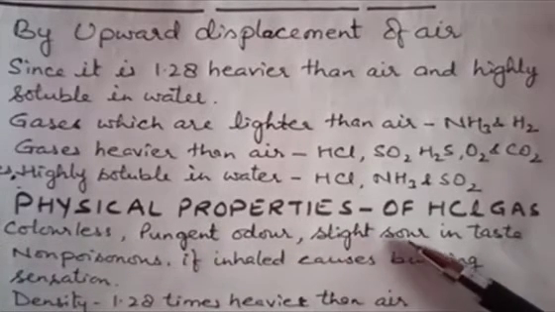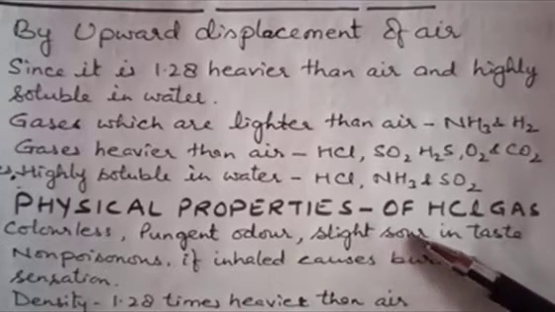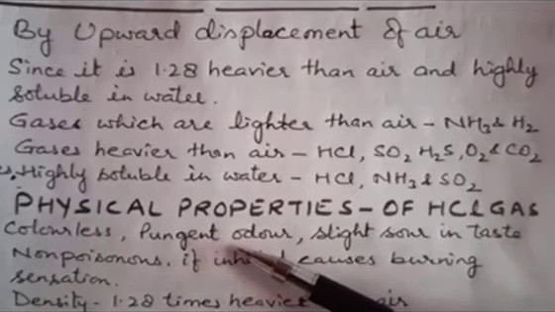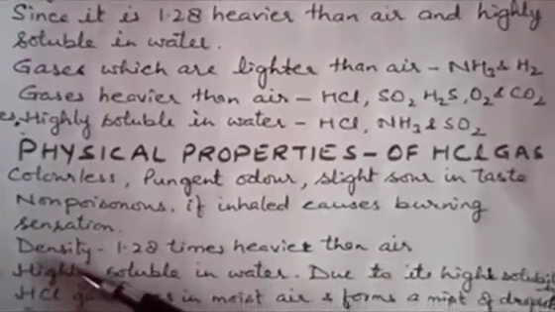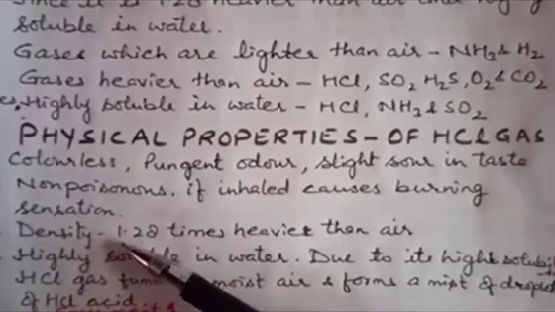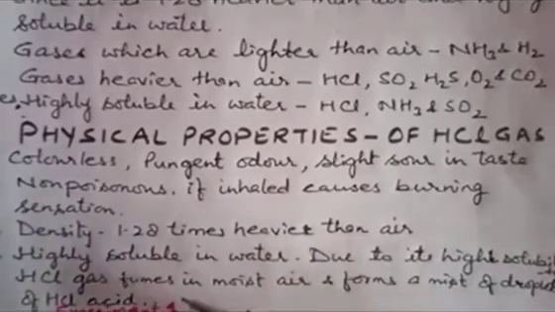It is slightly sour in taste, but never try to taste it because it is pungent in odor and choking. Now next is density. Hydrogen chloride gas is 1.28 times heavier than air.